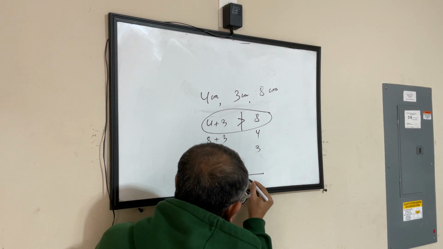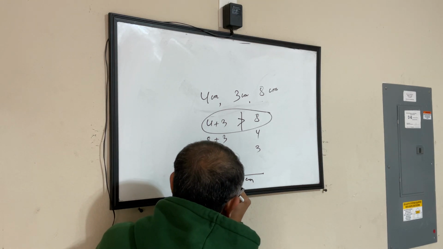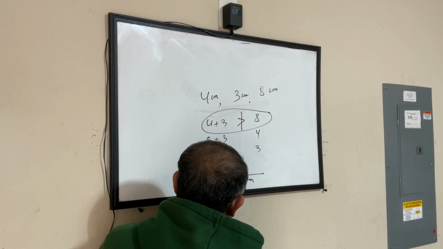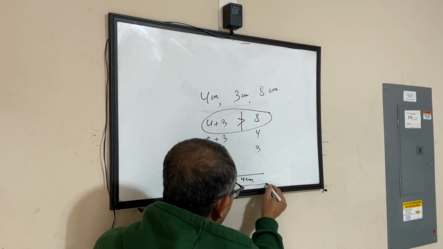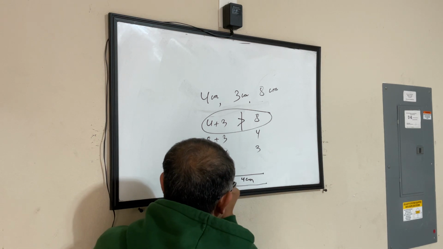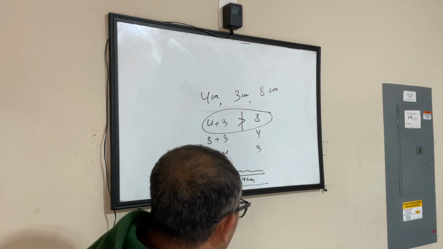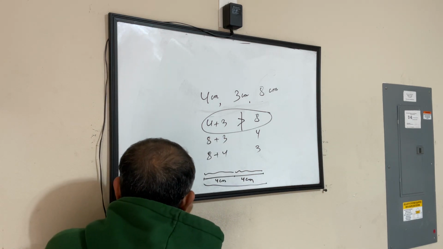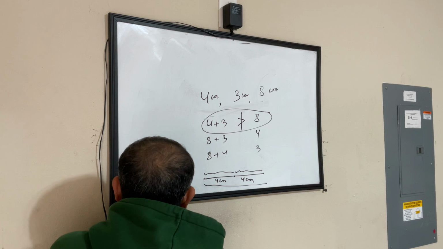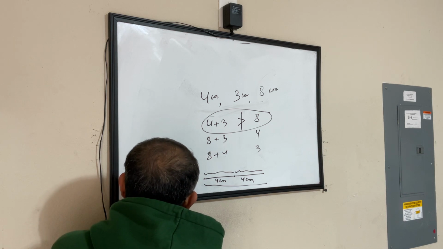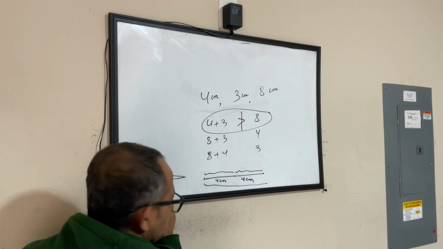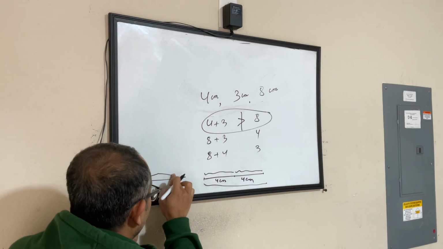So this is 4 centimeters and this is 4 centimeters. This is your bigger line, a line segment. This is one of the smaller sides. This is the other smaller side. The only way it can look like a triangle is if it is a little more than 8. And again, don't rely on my drawing skills.